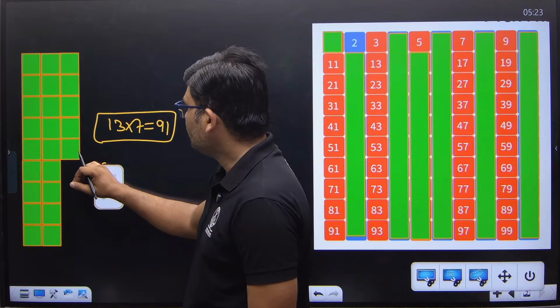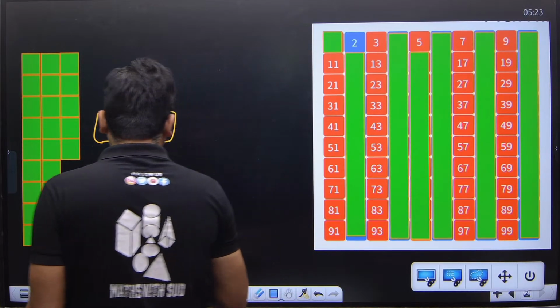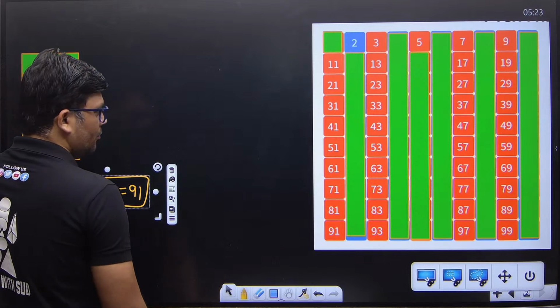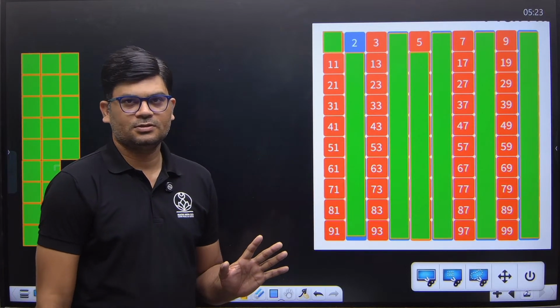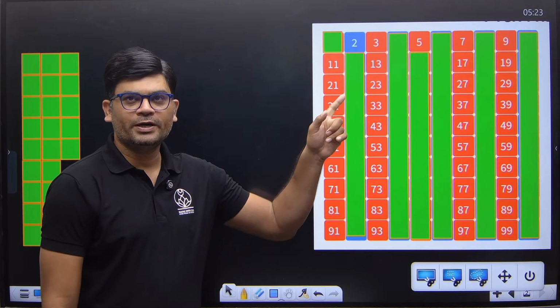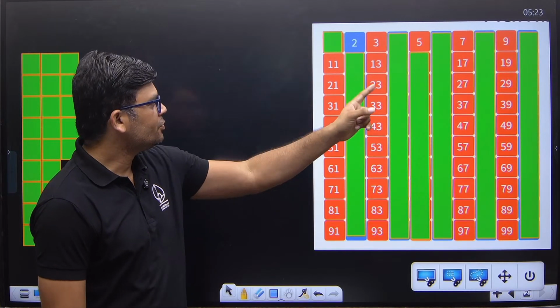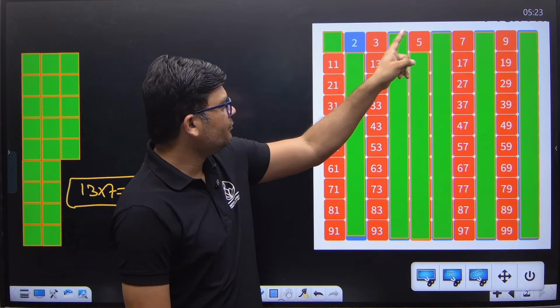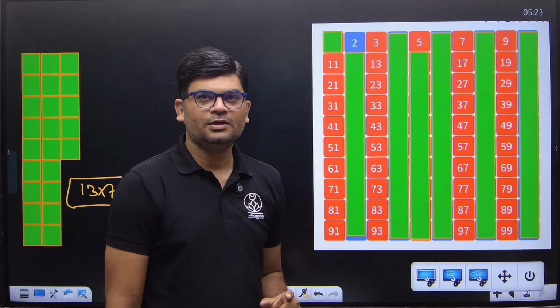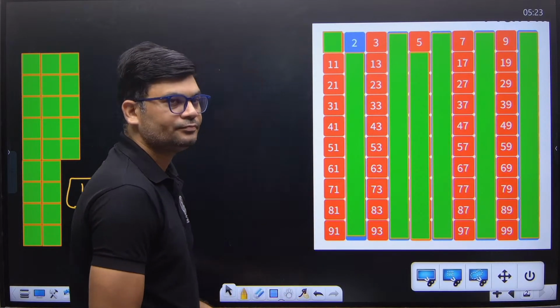So what we are going to do now is check whether each number is prime or not from the remaining numbers. Can you tell me, in the first row, apart from 2, 3, 5 and 7, is 9 divisible by 3? Yeah.